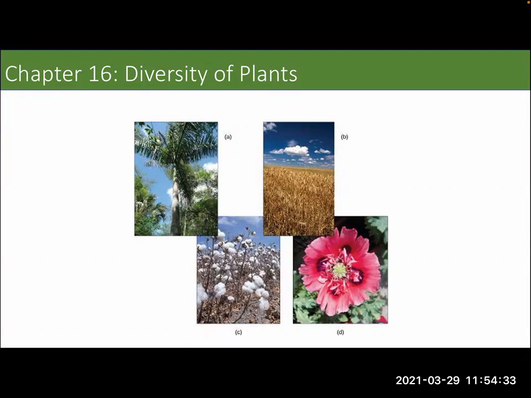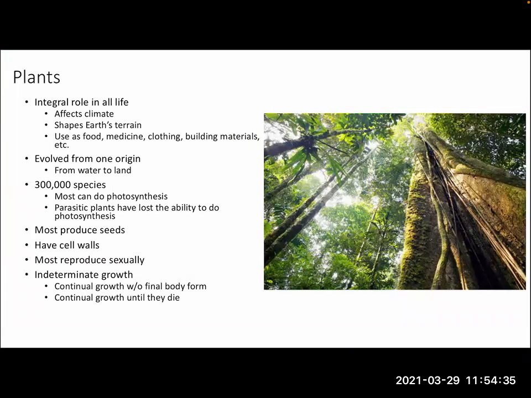All right. So, plants. Plants are super important for our ecosystems and for all living organisms that interact with plants in some way, and usually that's pretty much going to be everything, if you think about it, because plants can affect the climate.